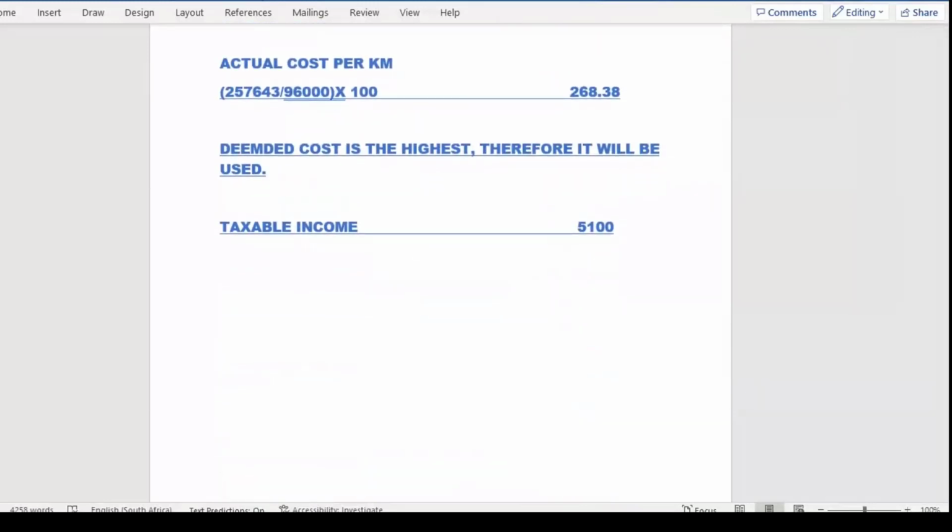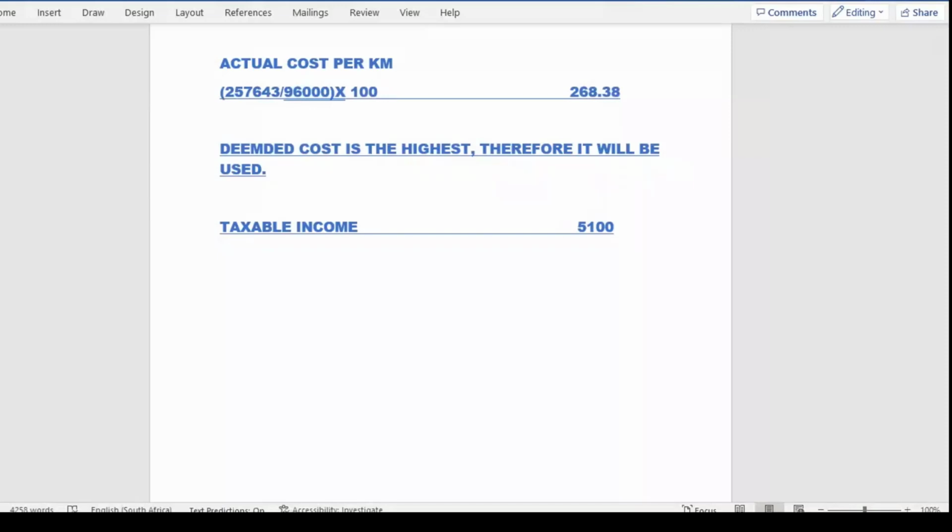Let's see, you need clarity. Yes. You are saying that when the business allowance is the greater.